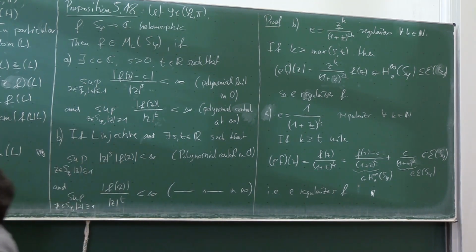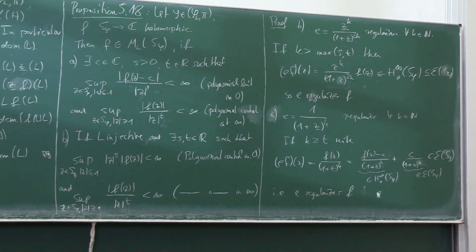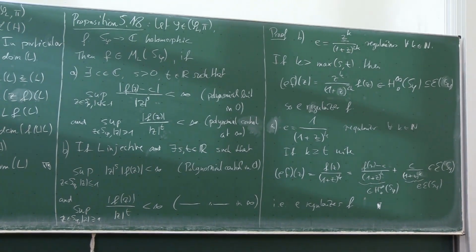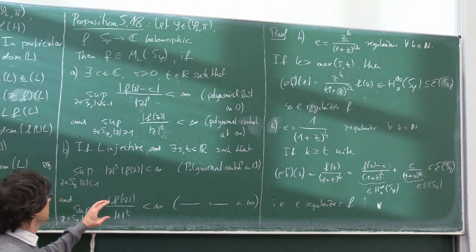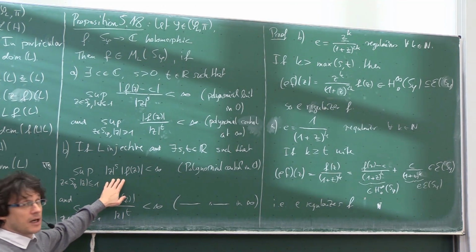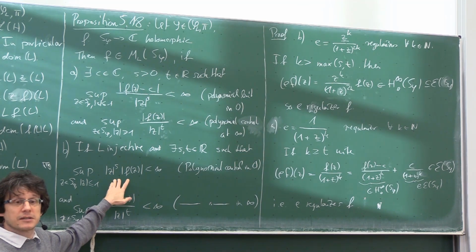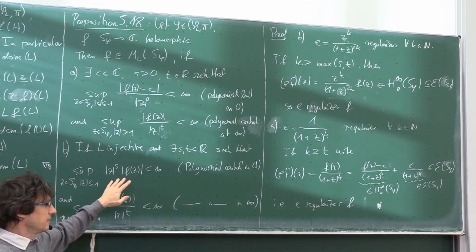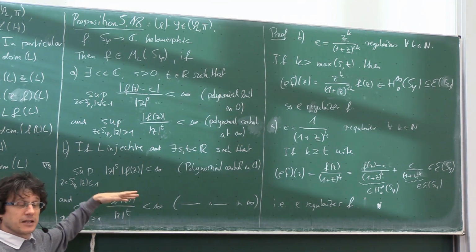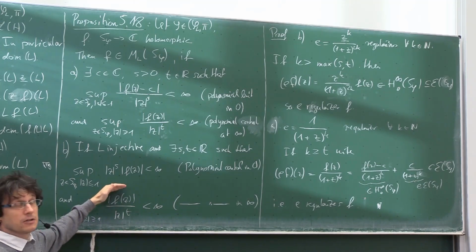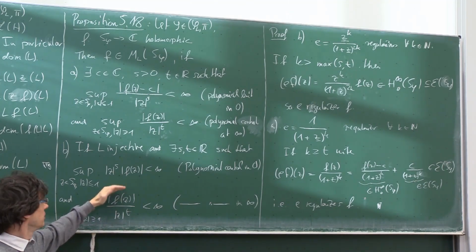Okay, and the nice thing about this criteria is you can just decide it by looking at f. It shows there are many functions that are in our extended Dunford-Rees class, so in the regularizable functions that we did not have before.